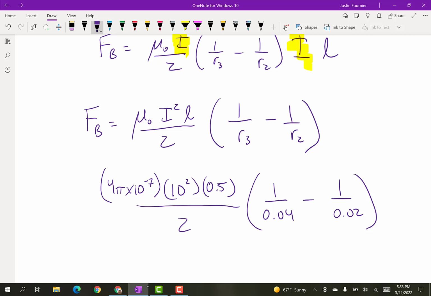So let's see what I get here. I'm going to get a value finally. 1 divided by 0.04, that minus 1 divided by 0.02, times 4 pi times 10 to the negative 7.